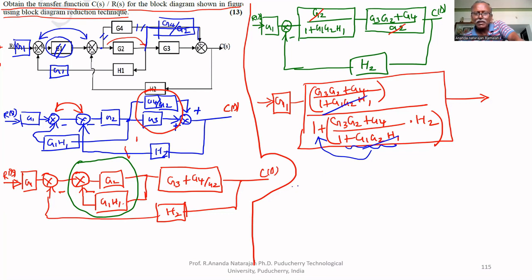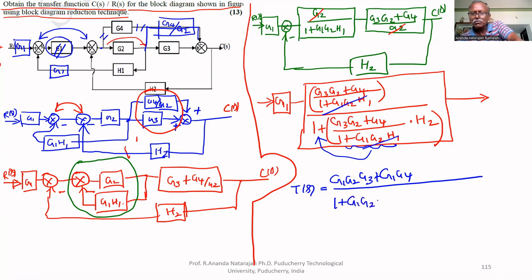Therefore, we can write the answer directly: T(s) equals (G1 G2 G3 plus G1 G4) divided by (1 plus G1 G2 H1 plus G2 G3 H2 plus G4 H2). This is the final answer.